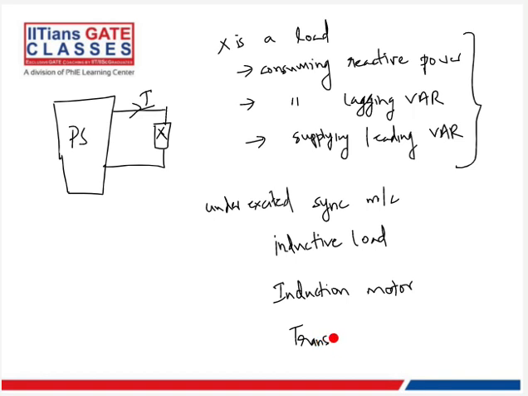Why this is the beauty of it: see, it's underexcited. Your synchronous generator needs some magnetic field for the conversion, and we need energy to set up the magnetic field. Usually, that magnetic field is set up by the exciter circuit.